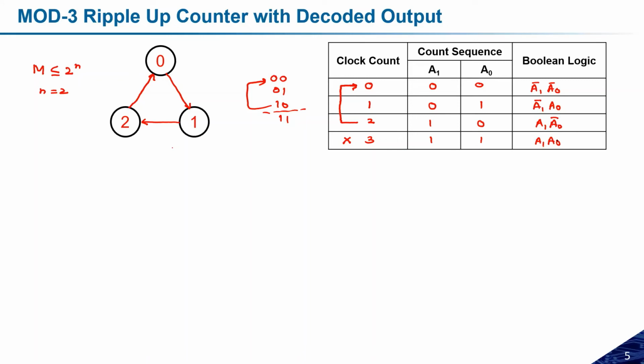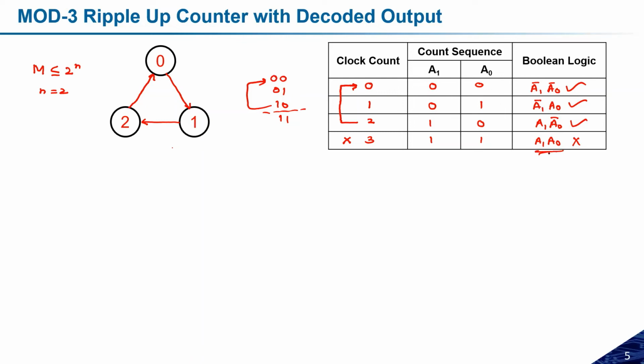What I want: a1 bar a0 bar is a desirable state, a1 bar a0 is also a desirable state, and a1 a0 bar is a desirable state, but a1 a0 is the undesirable state.